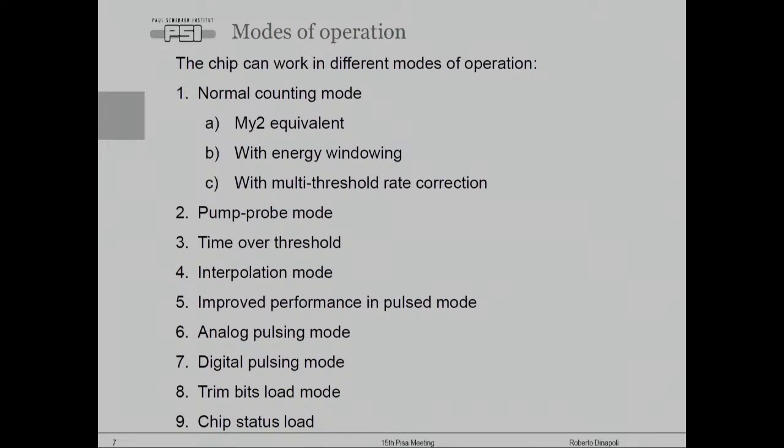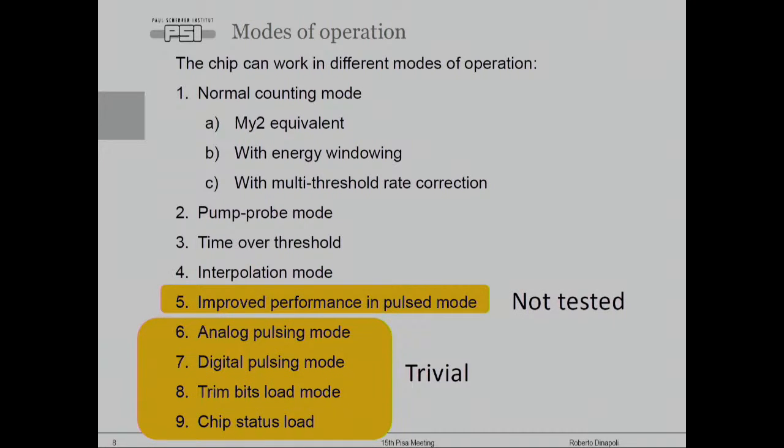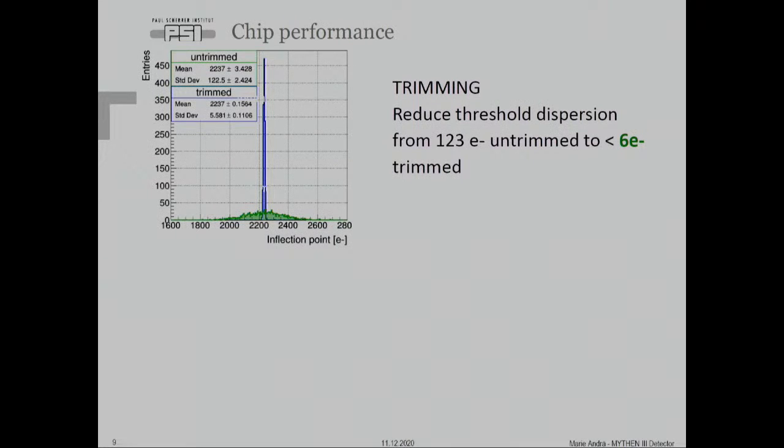So the chip has really many different modes of operation, but some of them I'm not going to describe because they're kind of trivial. The 5th is actually extremely interesting. It's an improved performance in pulse mode, but we have not tested it yet, so I'm not going to describe it. But I'm going to go through all these modes of operation one after the other. First of all, very quickly about chip performance.